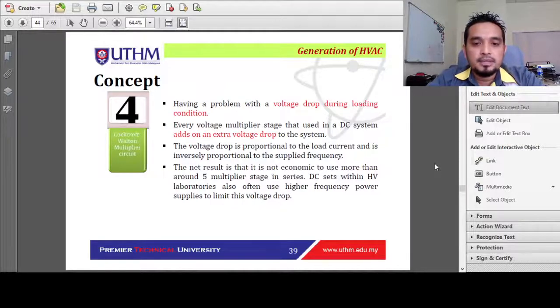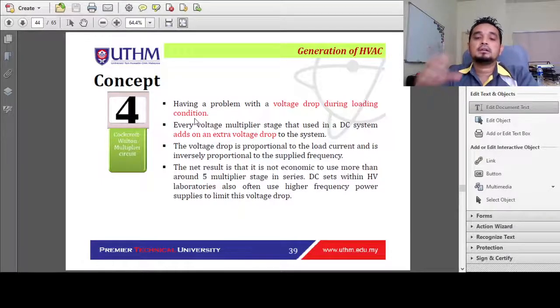What is the problem? The voltage drop during loading conditions. Obviously, once we have external resistance or loading, we will have a voltage drop. Every voltage multiplier stage used in a DC circuit adds extra voltage drop to the system.